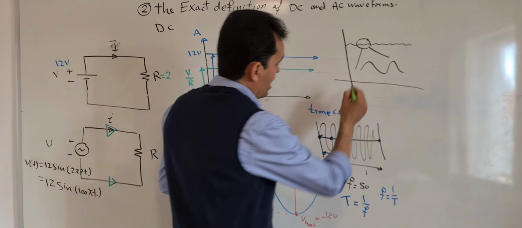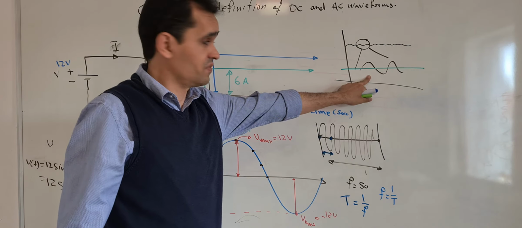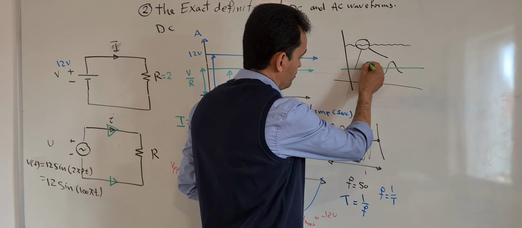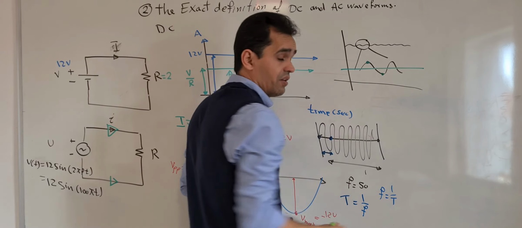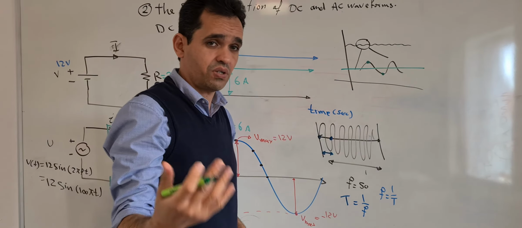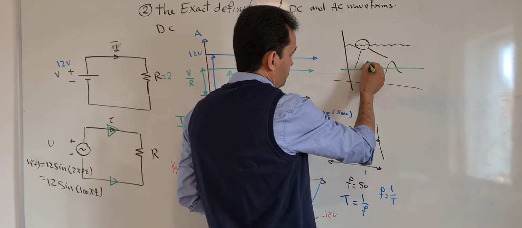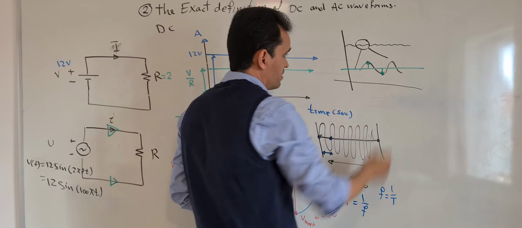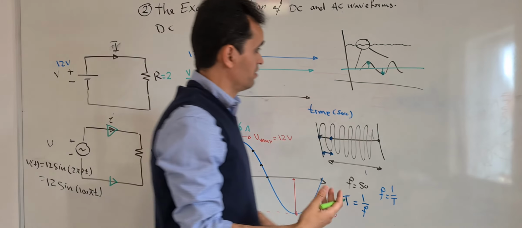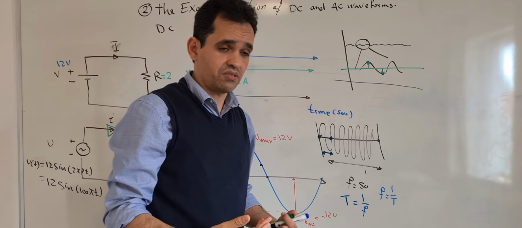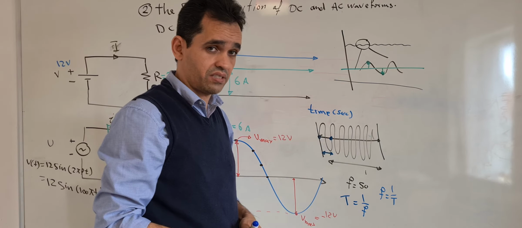Now if we take the average of that, we will get DC. If we take the average of this point and the average of this point, our average will represent DC. That's why we calculate the average. Okay. And the part above the average and below the average is something we call the ripple factor. That's something we will study, and we need to optimize that ripple factor.